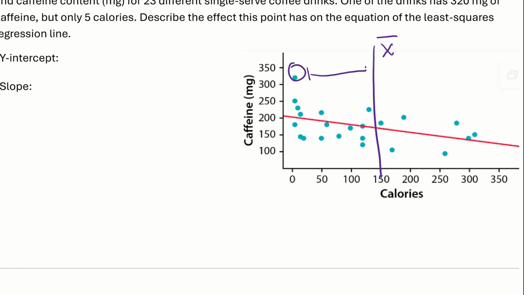This is pretty far away from that, so it's going to have swinging action. It's going to swing this closer to that, and then by doing that, this swings that way. So then the equation of the line is going to look like that, right? And so what that does, it increases the y-intercept.